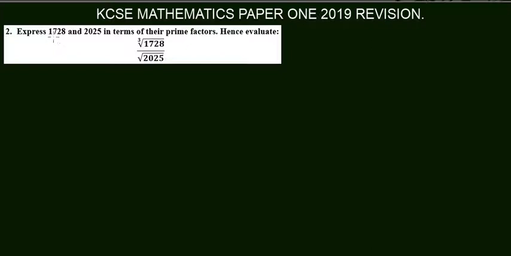So in this number we are to express 1728 and 2025 in terms of their prime factors, hence evaluate.